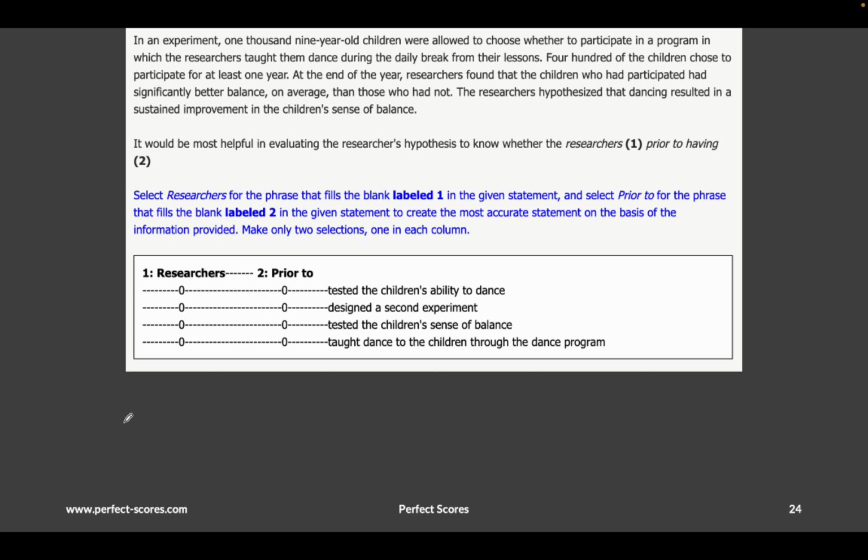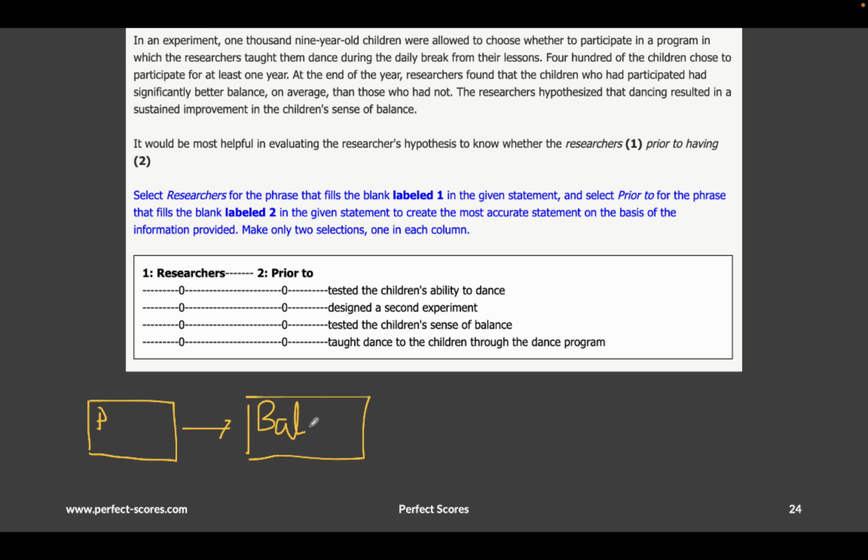So this is more of a research question, and whenever there's a research question, you can develop a conceptual diagram. This is how a conceptual diagram would look. You have one variable, which is participation in the program, and it is actually influencing your balance, which is more of your dependent variable.